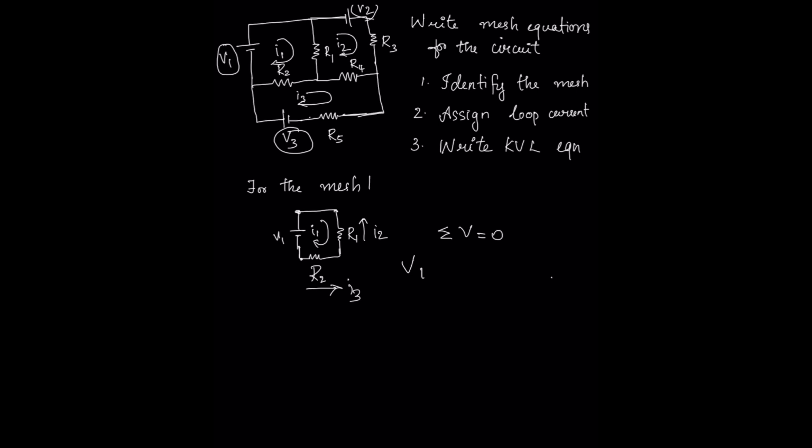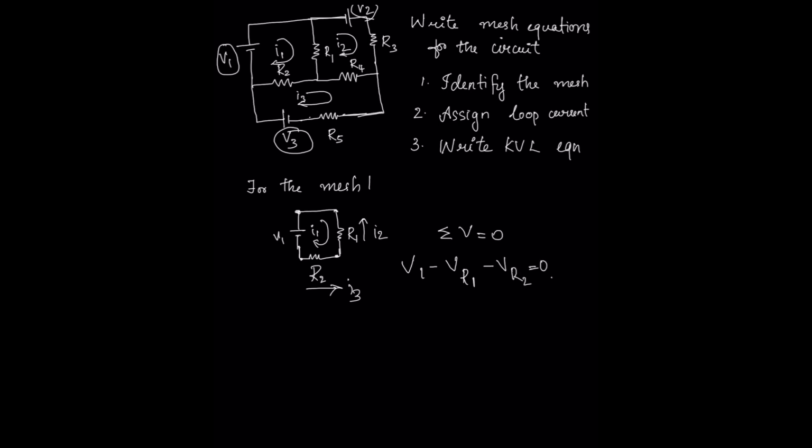When the current travels through this resistance R2, R1, we have already seen in the sign convention that there will be a voltage drop, that is minus VR1. Because it is a voltage drop, we keep it as minus VR1, and minus VR2 is equal to 0.